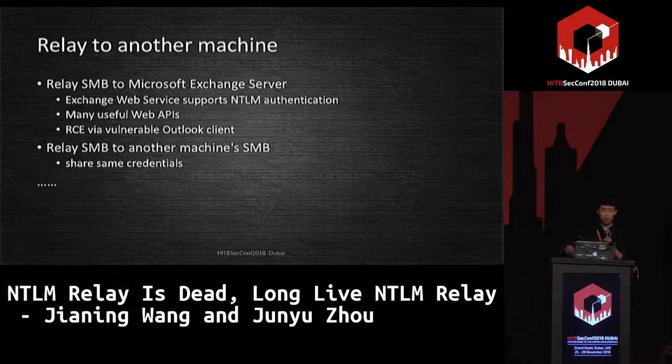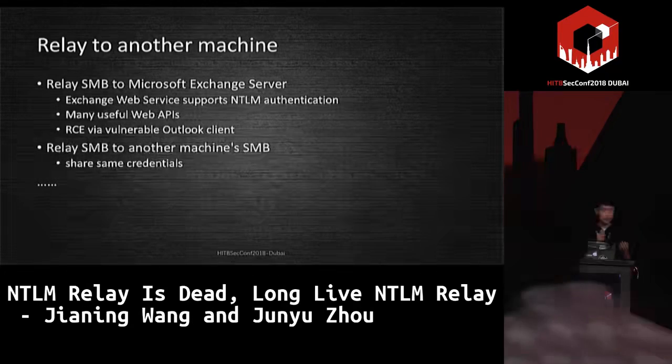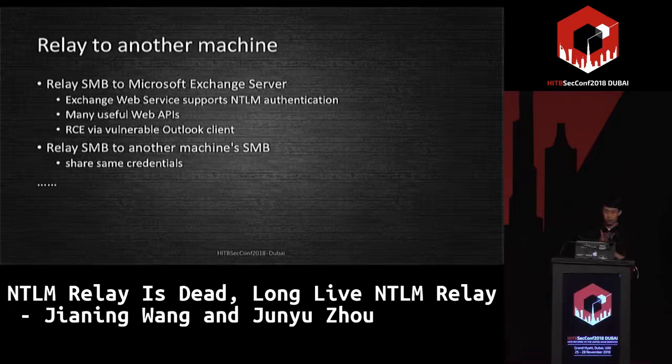So if you have an old version of Outlook, your computer may be compromised. And we can still relay SMB to another machine's SMB, as long as the two machines share the same credentials.